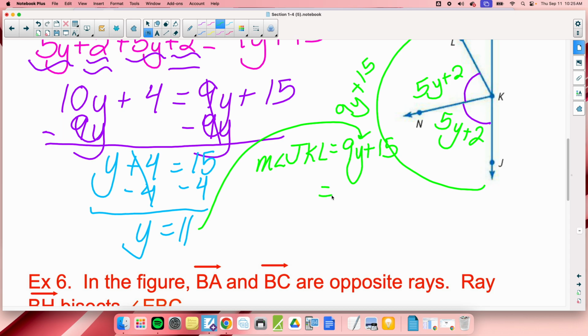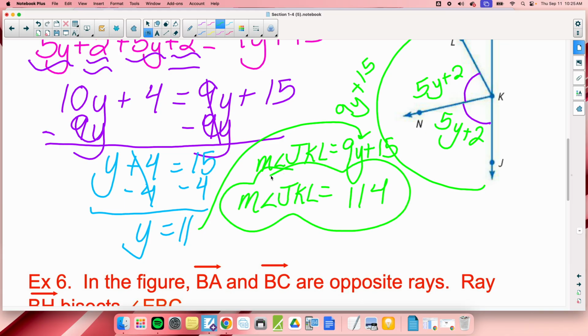Did you get 114? Let me do that. Okay. And then again, you could have put 11 in here and 11 in here, add those together and make sure they're 114.